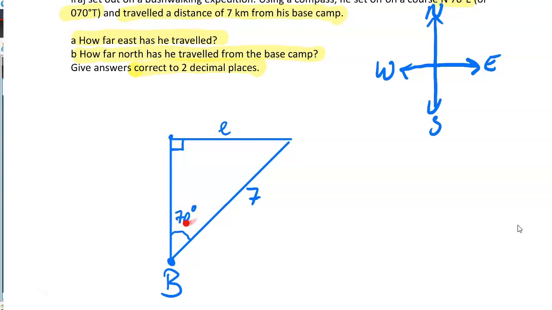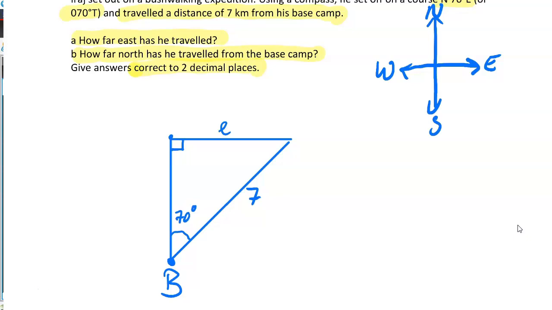Okay, so our reference, our angle of interest is here. The side length we know is the hypotenuse as it's opposite the right angle. That side we don't know, the one we're trying to figure out, is opposite the angle, so that makes that sine, doesn't it?